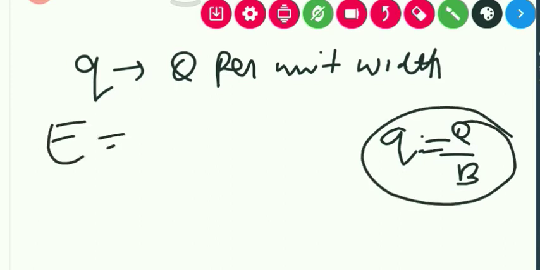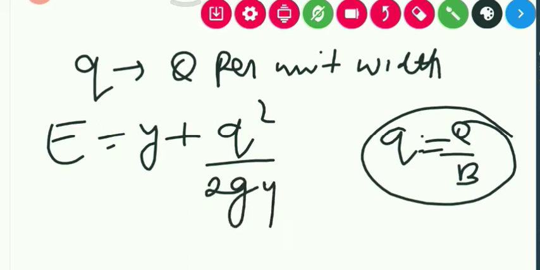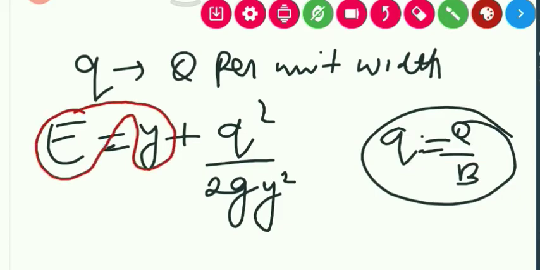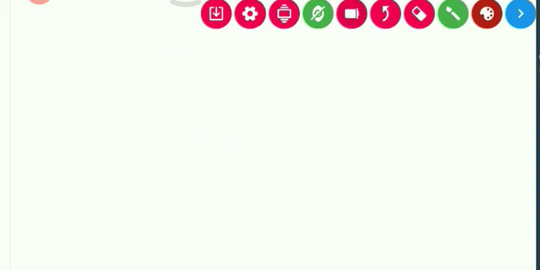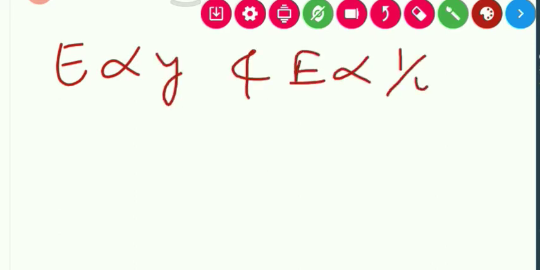So E can be written as y plus q square by 2g y square. Here we can see that E is directly proportional to y, and E is also inversely proportional to y square.